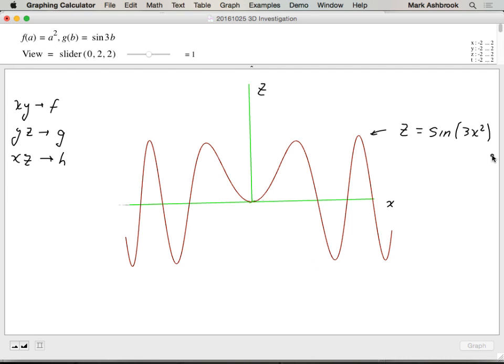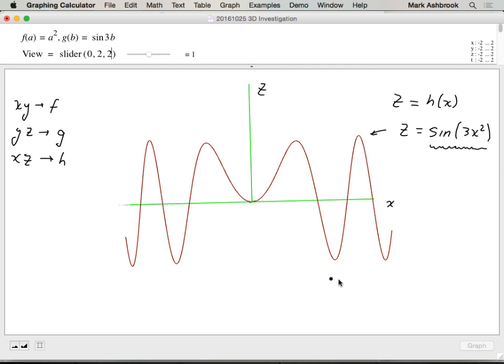So when we said the composition was z is h of x, algebraically, that's this rule right here. Where did y go? Do we have y anymore? y is gone. So if I take y out of the view and just show the ZX plane, I simply see this function z equals sine of 3x squared.